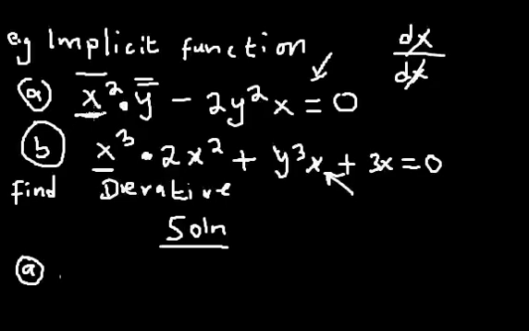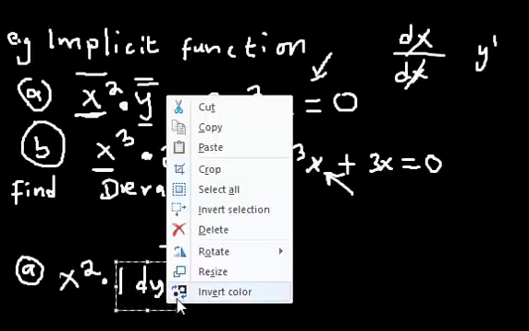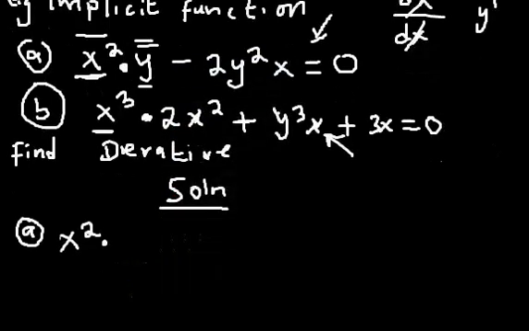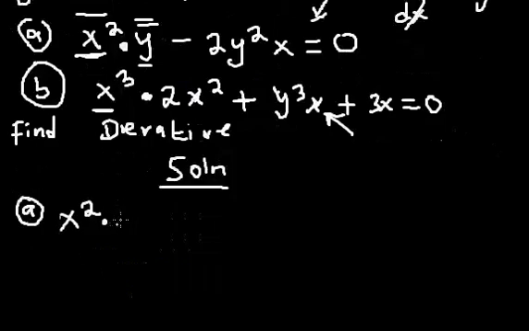Let's say I'm keeping x squared constant, then I differentiate y. If I differentiate y, of course I'll have 1, because y is power 1. Because I differentiated y, I have to attach dy/dx. Of course 1 times dy/dx is still dy/dx, so that will be x squared times dy/dx.